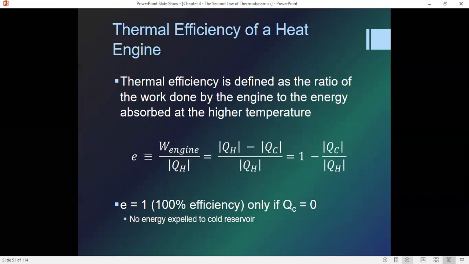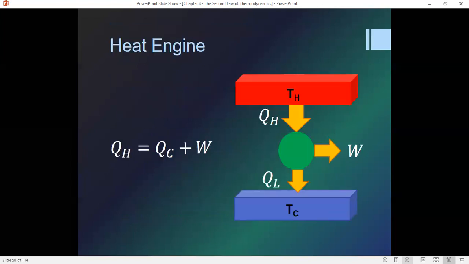Now, if we look at the efficiency of a heat engine, we want to see how much work we're able to do compared to what is the total input. Now, once again, if we go back to the other diagram, we look at QH as being the energy input.